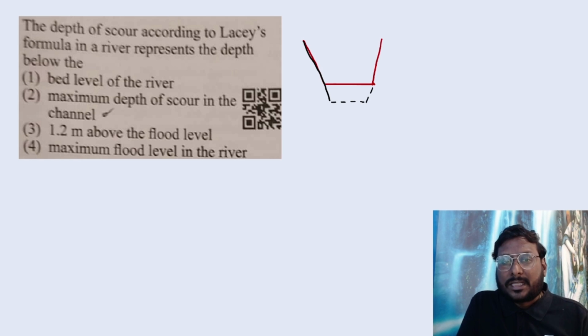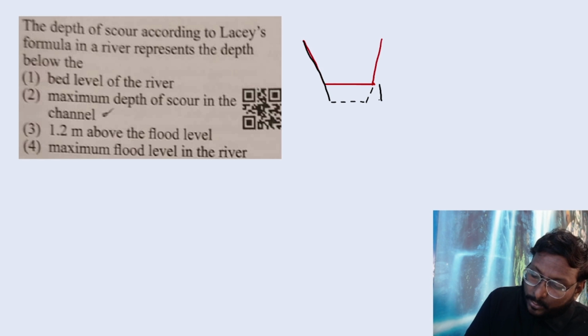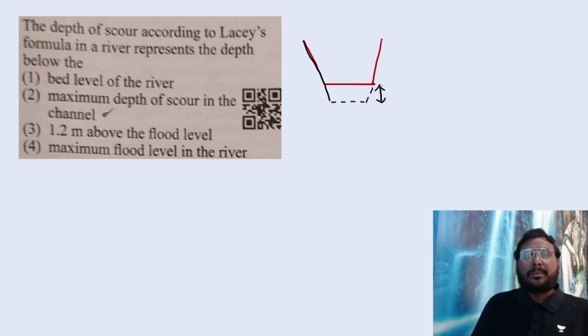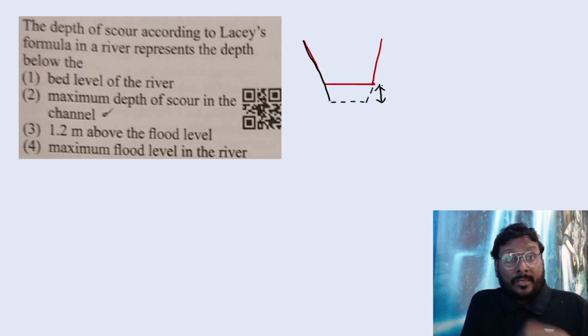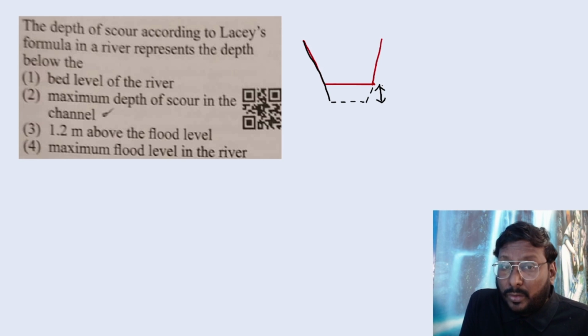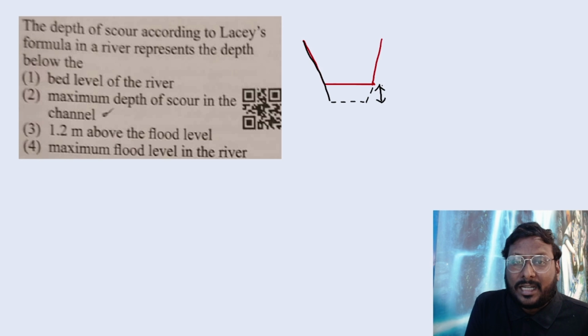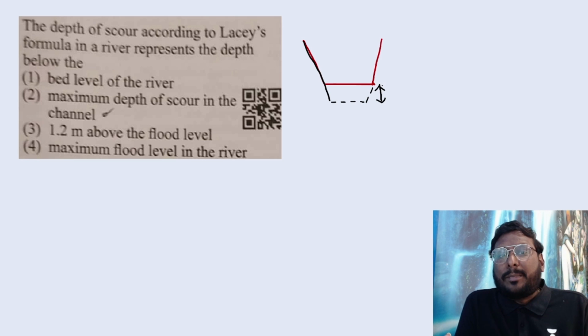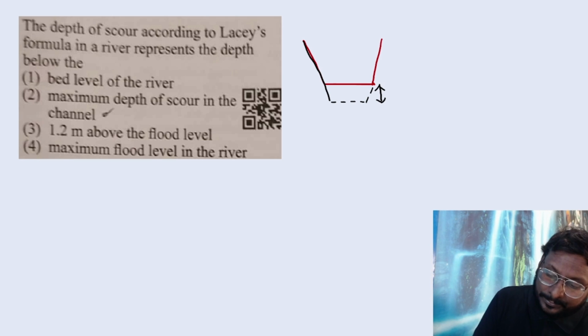How much is getting eroded, that is the scour depth, the maximum depth of scour in the channel. And that river represents depth below the maximum depth of scour. Where is it happening? Below the bed level of river, below the maximum flood level in the river, below the maximum depth of scour in channel.